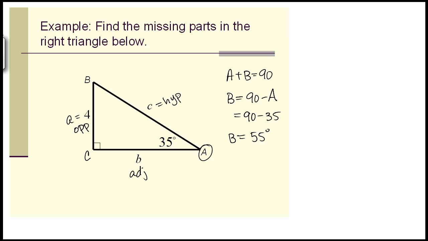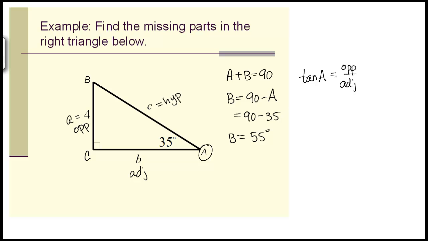If I'm trying to find out what side B is, what trig function uses opposite and adjacent? Well, in terms of angle A, side A is the opposite, side B is the adjacent. So that means I'm going to use tangent.